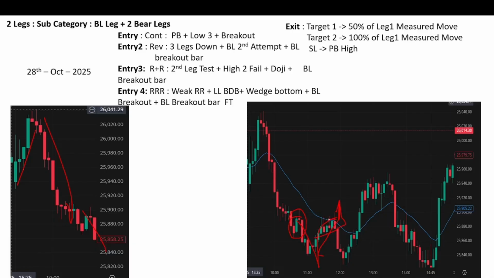Low 3 is here. If you enter here, you can get this many points, but if you enter on the breakout, you won't get much profit, but we are also looking out for reversal.